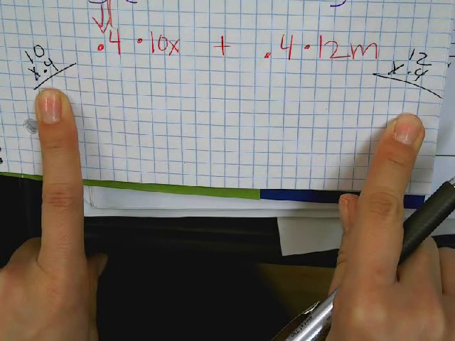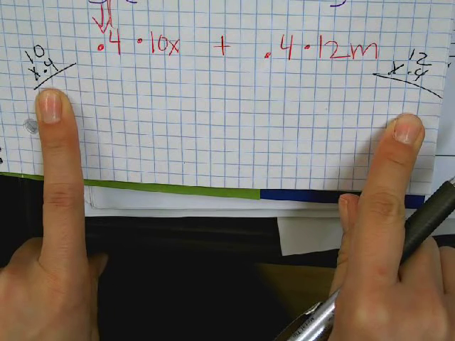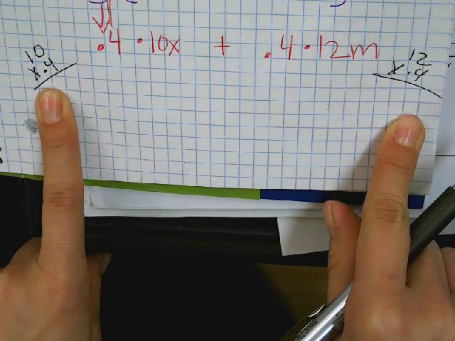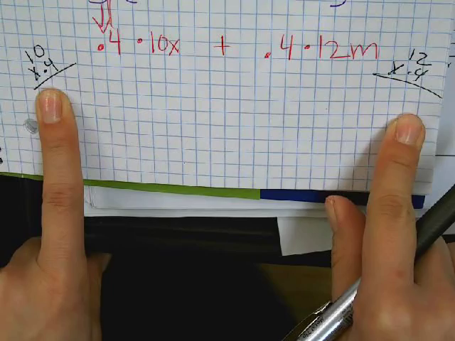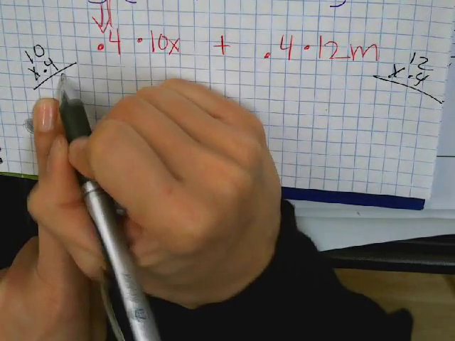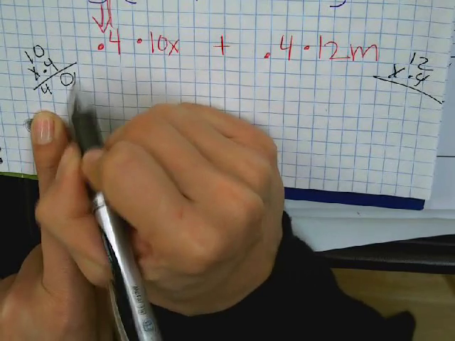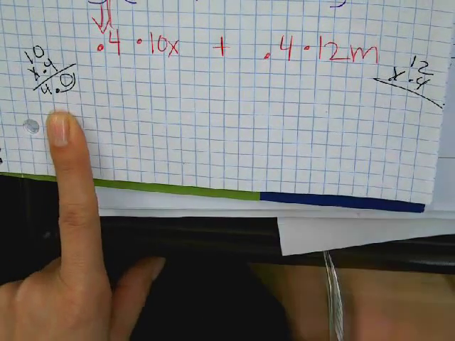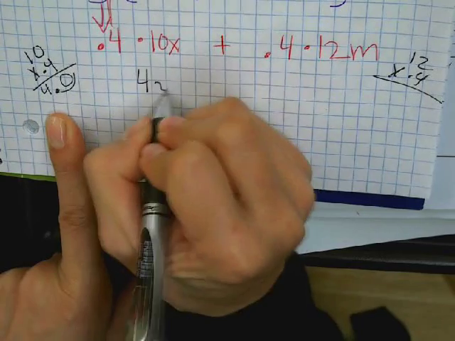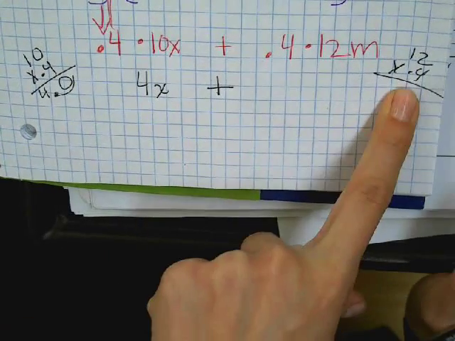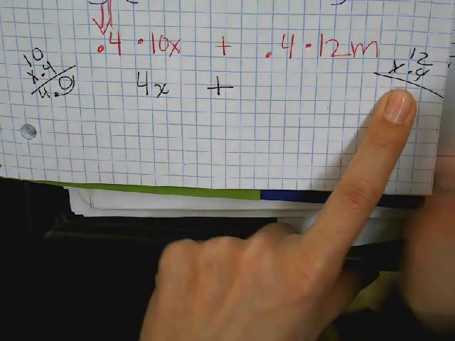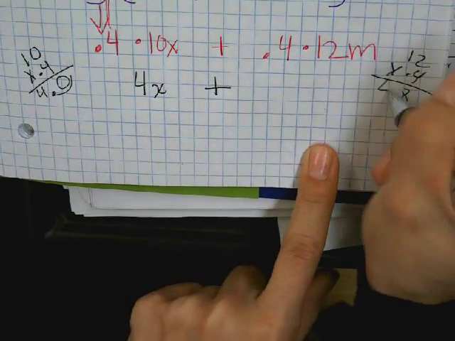Jamari, you have answers? So 4 times 0 is 0. 4 times 1 is 4. How many times do I move the decimal? 1. So what number is that? 4. So this is 4x plus, and then I go over here. What's 12 times 0.4? 2 times 4? 8. 4 times 1 is 4.